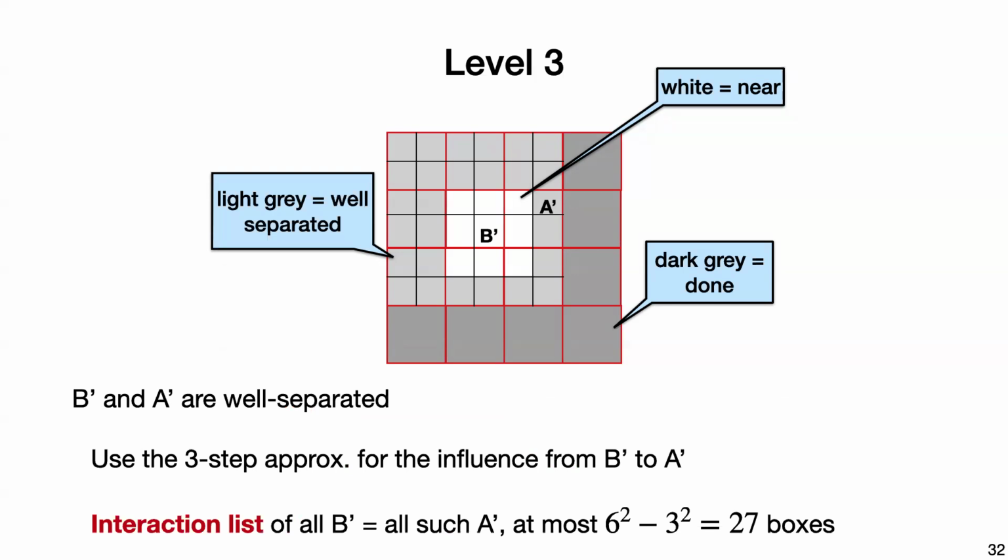But now one level down, we have some new boxes that are now considered well separated, and those are in light gray. And again, white is near boxes. So in this example, considering the effect of B prime onto A prime, we again do the similar three-step approximation. It's now just one level lower in the recursion.